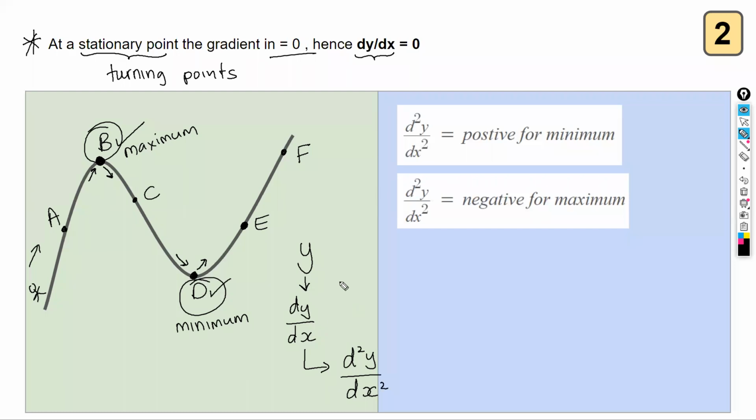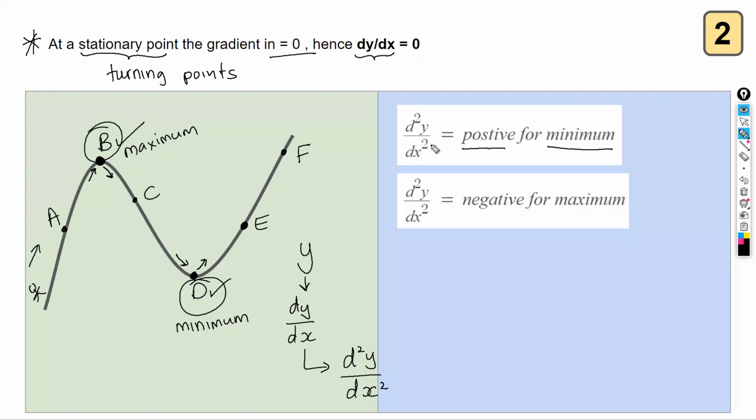Whenever the examiner asks you to find a stationary point and you don't have a graph to physically see which one is the maximum and which one is the minimum, there's a real easy way to figure it out. Whenever d squared y dx squared is positive, you get a minimum. You have to note that because a lot of people associate positive with a maximum.